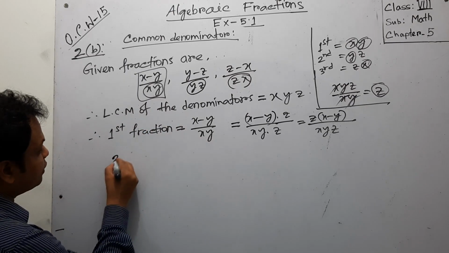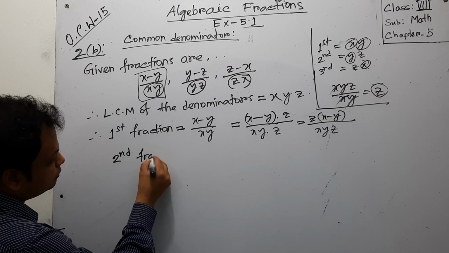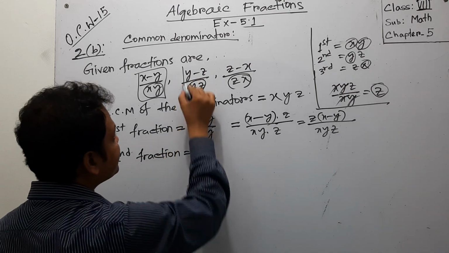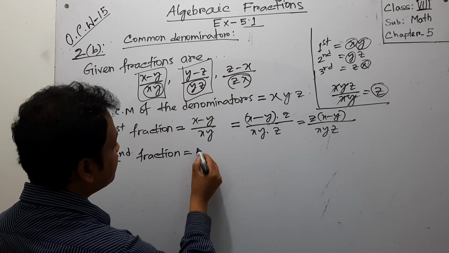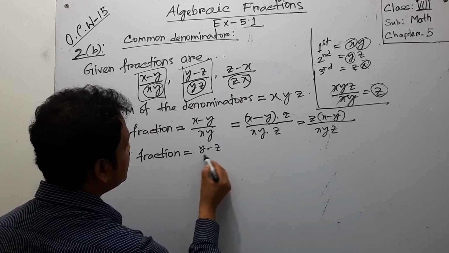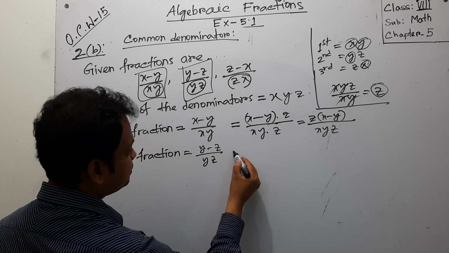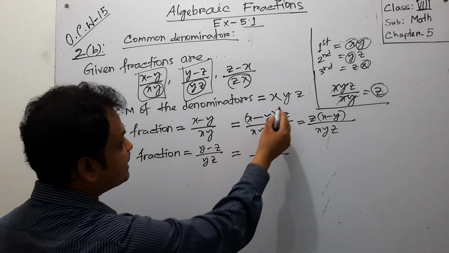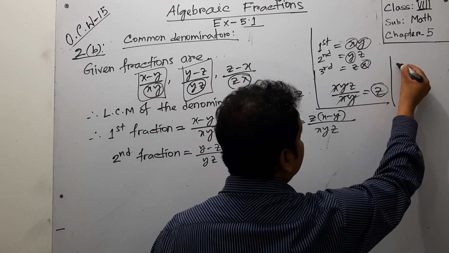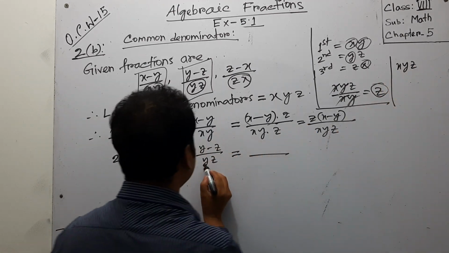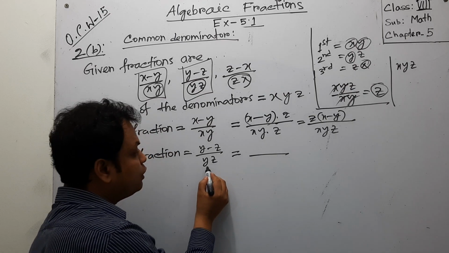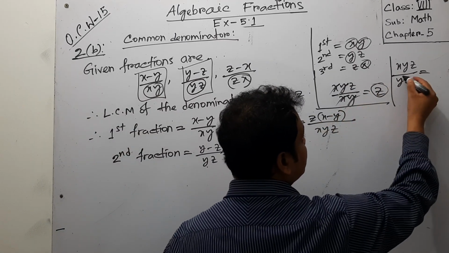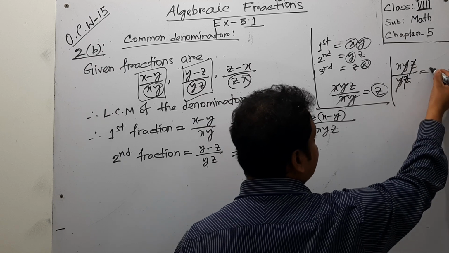Again, the second fraction equals y minus z divided by yz. Again we will divide the LCM xyz by the denominator yz. Y is eliminated, z is eliminated, we will get x.